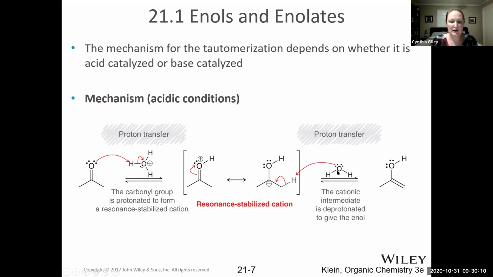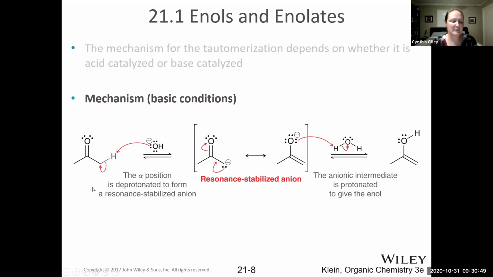From here, water can take the proton that is located at the alpha carbon, and electrons can flow to form a pi bond, satisfying the carbon's electron deficient state in this resonance structure to form a pi bond between those 2 carbons. Notice the equilibrium arrows. This process of going from a ketone to an enol is entirely reversible, and you could draw a mechanism going back from the enol to the keto form.